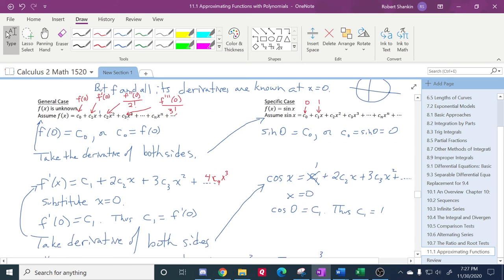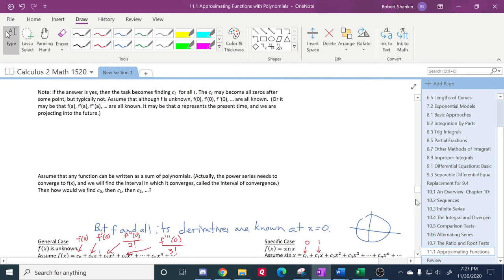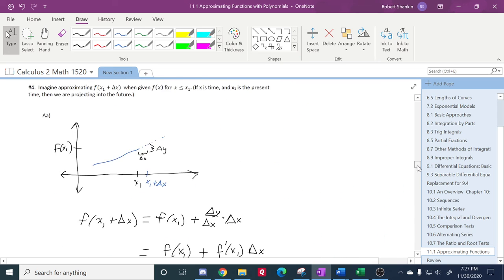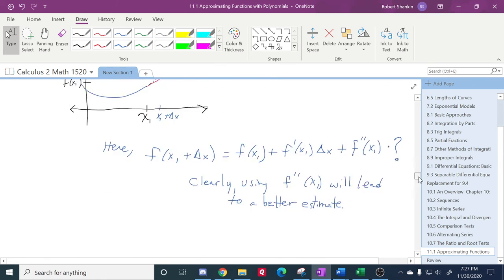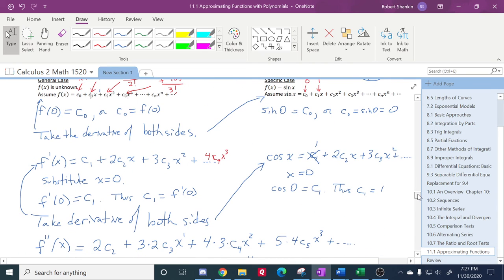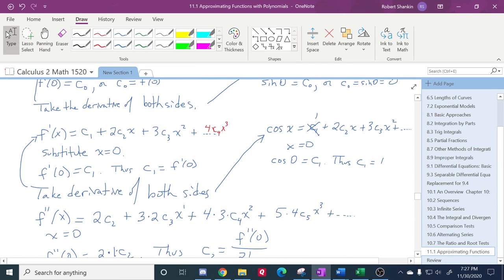And we come over here and let's continue with sine x. I had said before that when we're done today, you're going to be able to do this. So it's going to be x, x to the third over 3 factorial, x to the fifth over 5 factorial. All right, let's watch what happens over here.